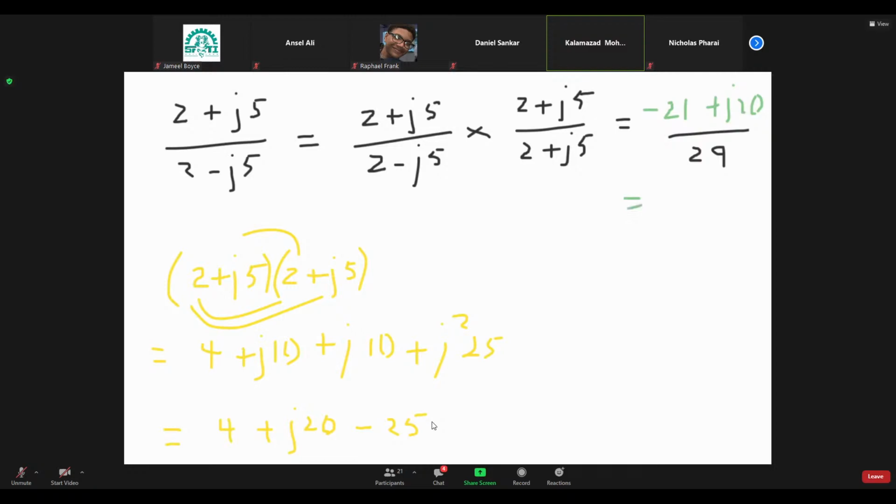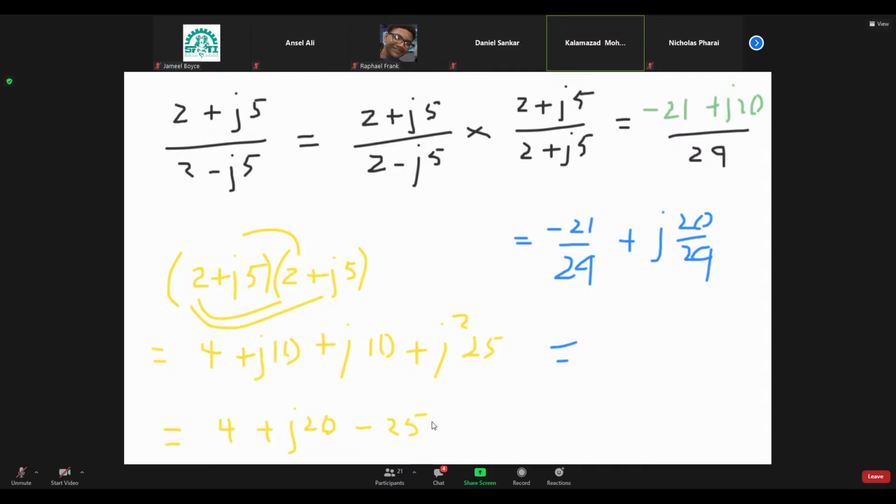We put it into a decimal. It'll be minus 21 over 29, and whatever that works out to be.